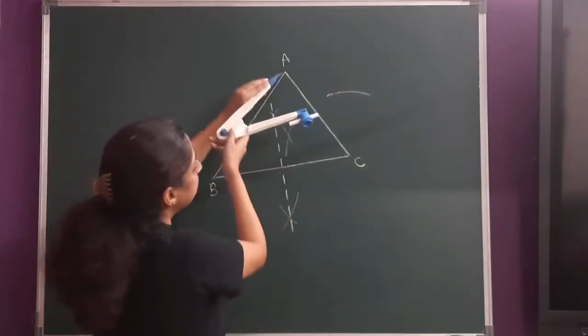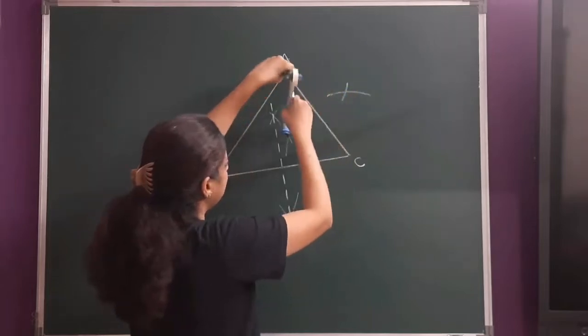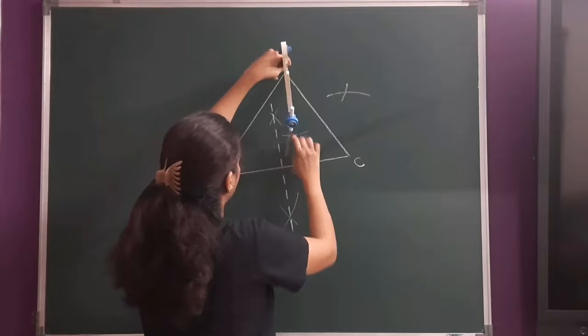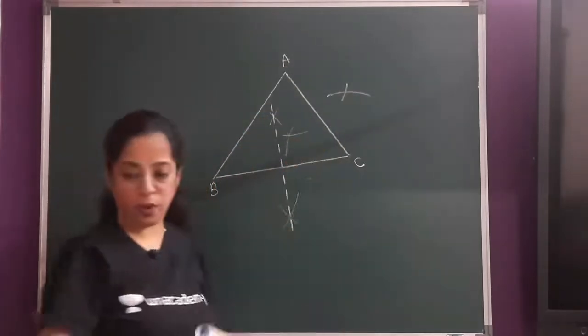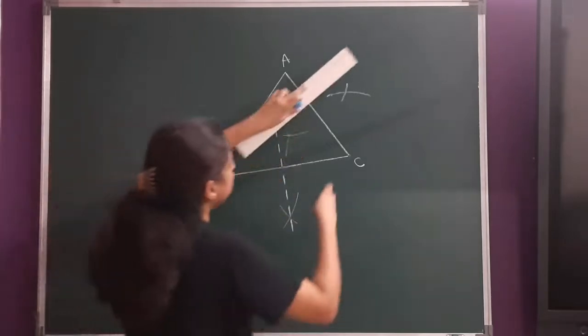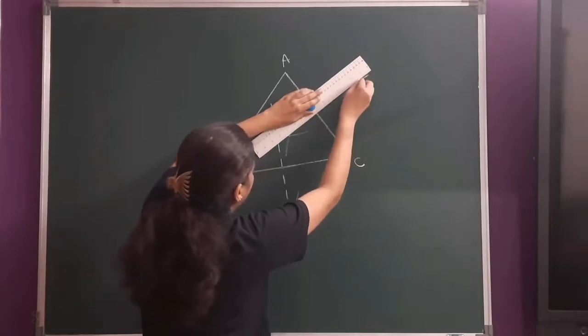Now keeping the same measurement and keeping the point at A, I will cut the previous arc here and here. Can you see this? So this and this is the point. So let's join now this with dotted line again.